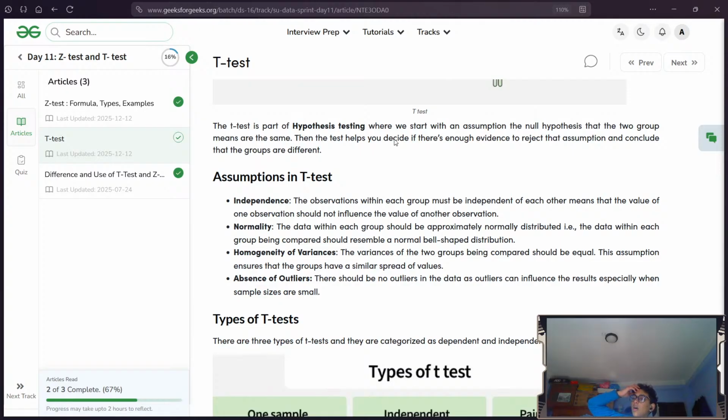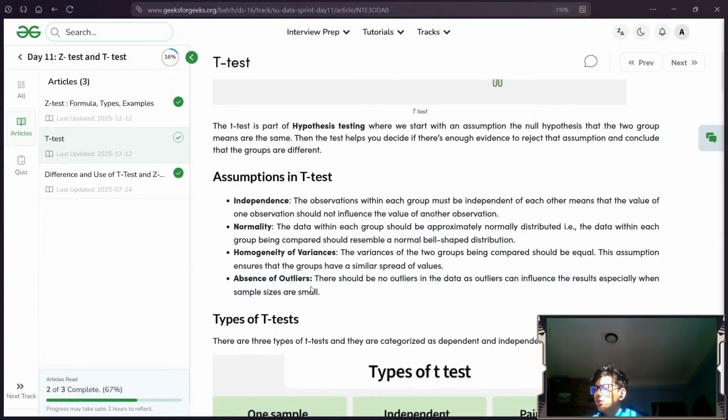Homogeneity of variances: the variances of the two groups being compared should be equal. This ensures that the groups have a similar spread of values. Absence of outliers: there should be no outliers in the data, as outliers can influence the result, especially when sample sizes are small.